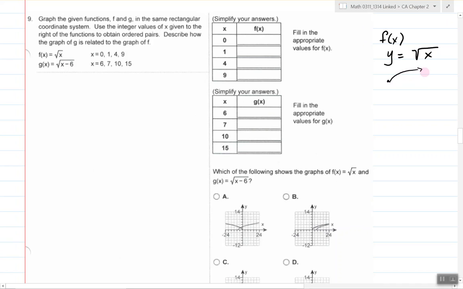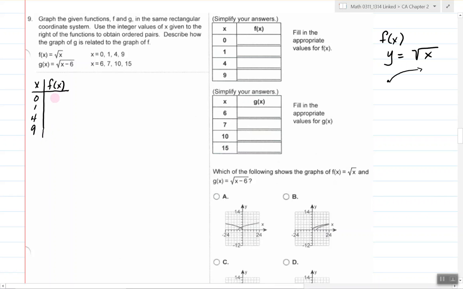All right, they are giving me different x's to plug in. So let's take a look at x and f of x. The first one. They're saying to use 0, 1, 4, and 9. These are the same points we did in the last problem.